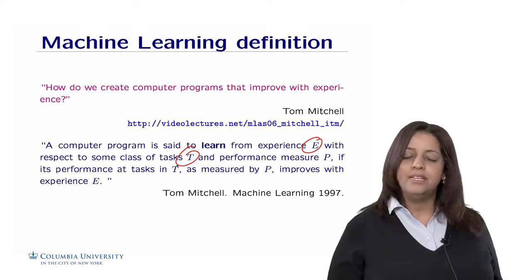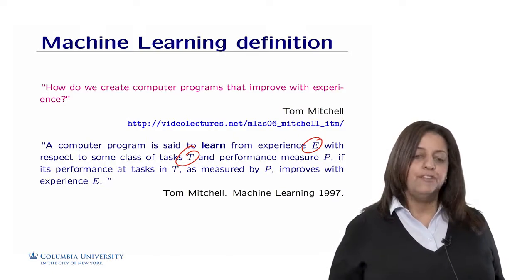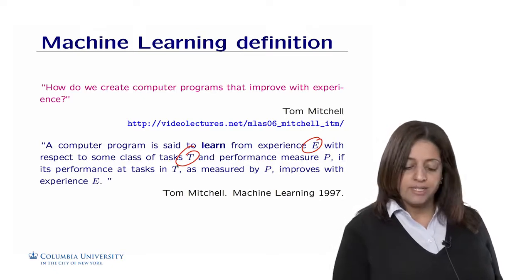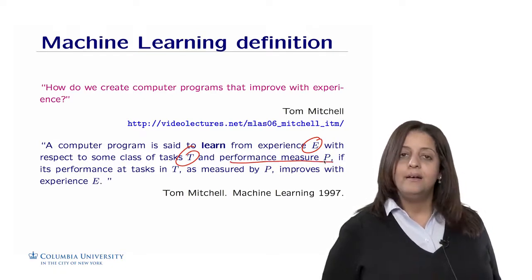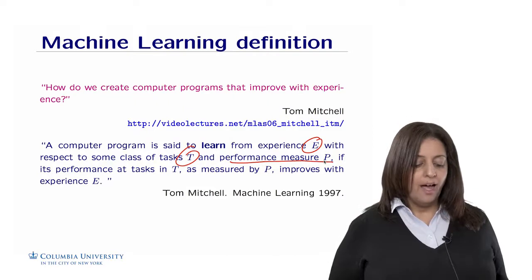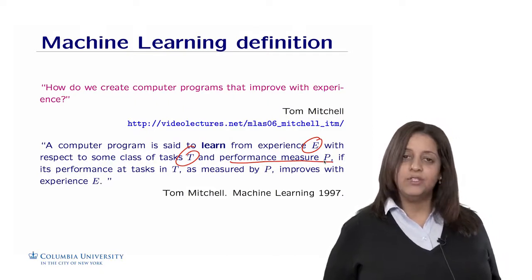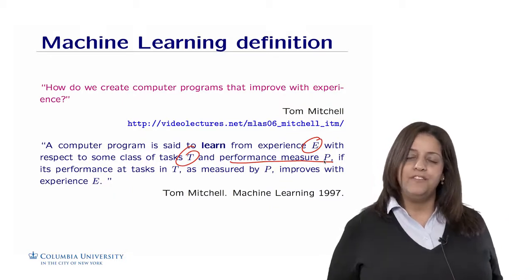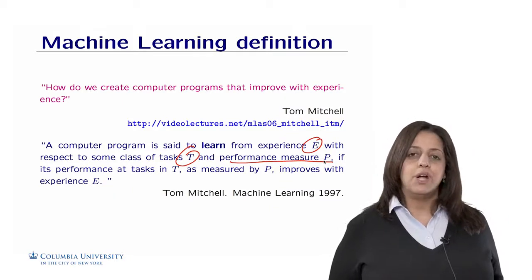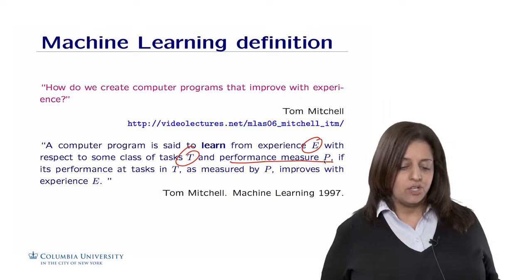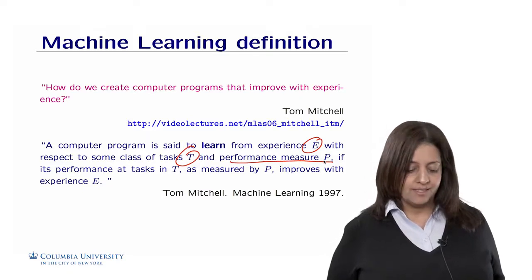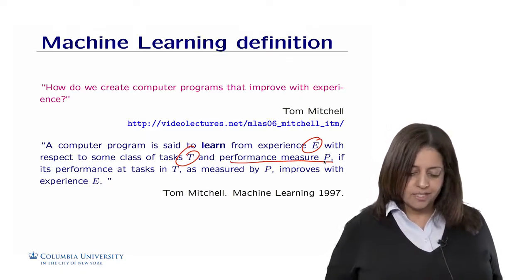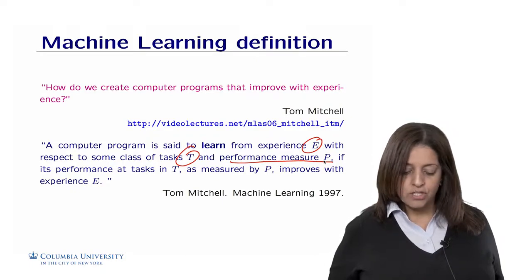So we say that a computer program is capable of learning if its performance, measured by measure P, at doing task T using E improves with the experience, which means that the more data we have, the more our computer program will be able to learn and do a better job at doing some tasks T. So I think this is a very compelling definition of machine learning.